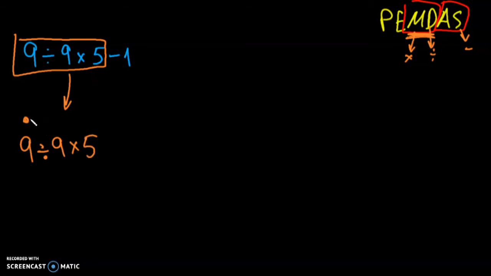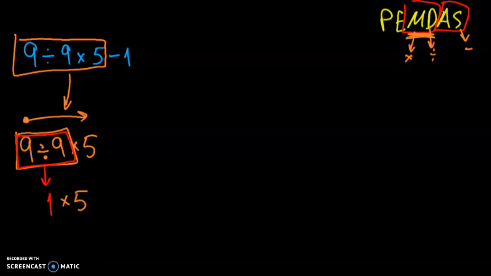We go from left to right. We take the first two numbers. 9 divided by 9 is 1. Then you copy the rest. Times 5. Now you get 5 times 1, which is 5.